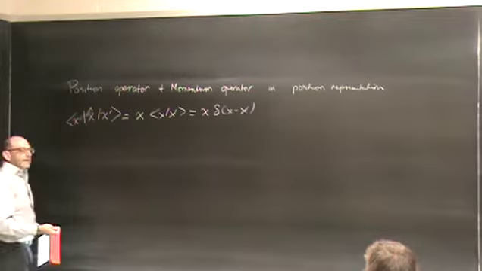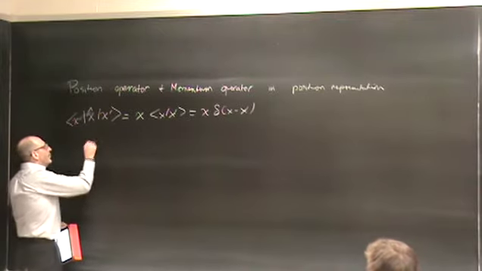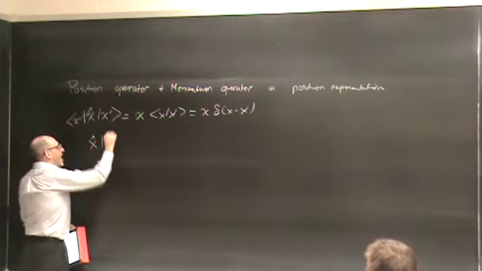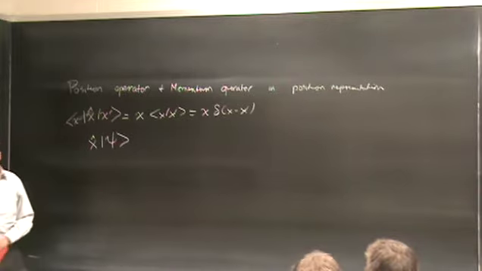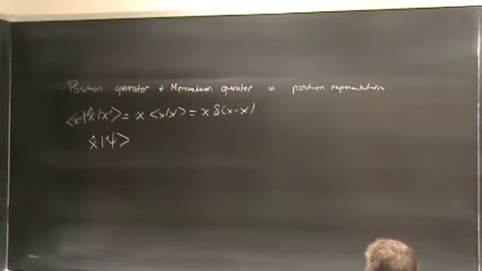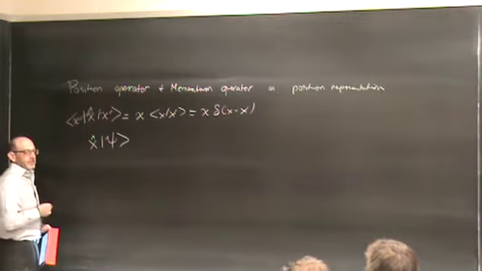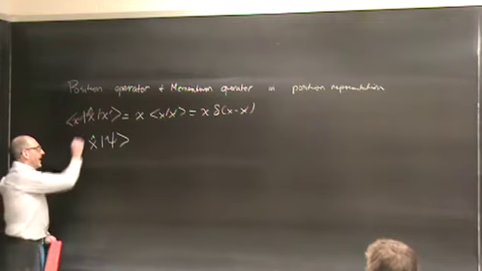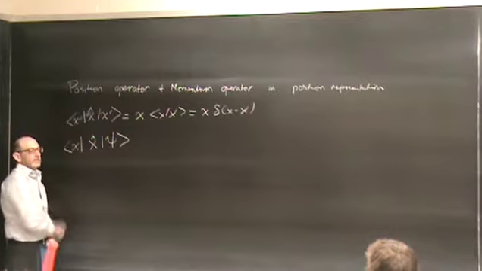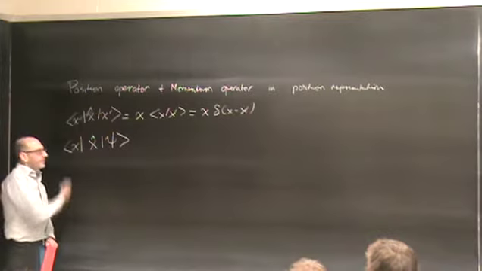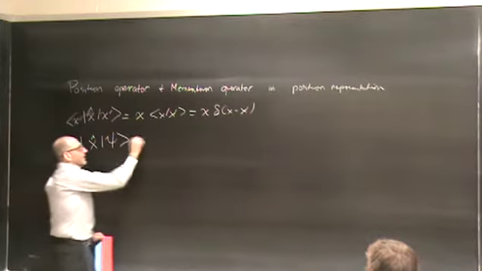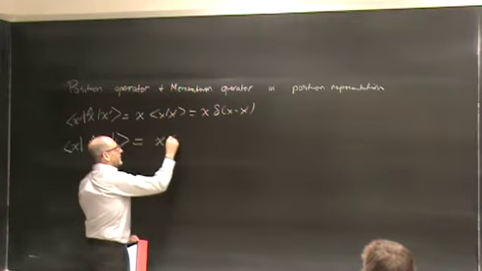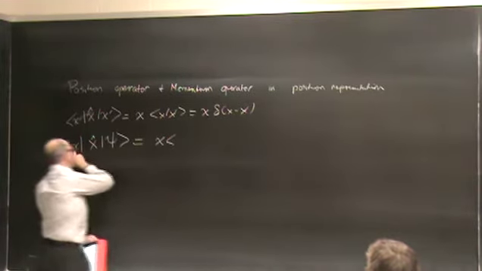Well, what that means is that when the x operator acts on a state, and I want to know what is the new wave function after I've done this operator, well, that's this. This is the new wave function, which is x, because this is an eigenvector.